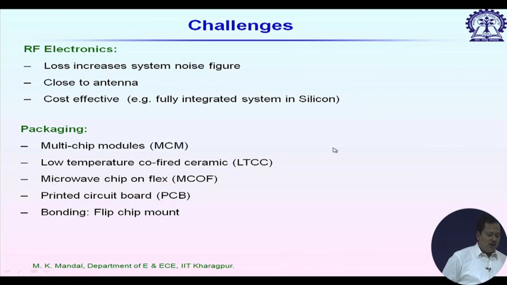Next, RF electronics part. Loss increases the system noise figure. So, what is noise figure? Okay, let me show you using some diagram. This is another important quantity, noise figure.